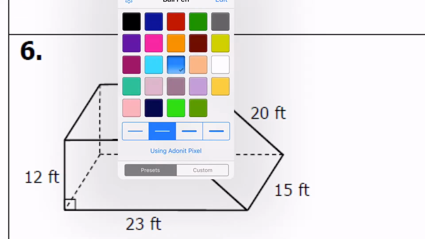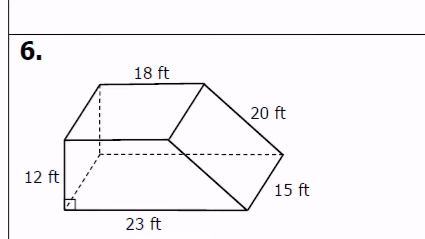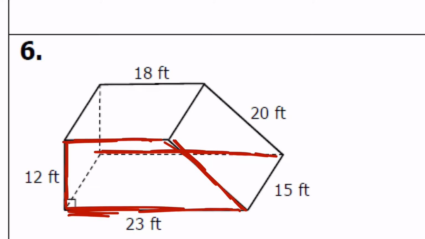Okay, so remember, when I'm dealing with 3-dimensional shapes, my height is the distance between the 2 faces, or the 2 bases. So here's one base. And notice how this is a trapezoidal prism, because I have a trapezoid base here and a trapezoid base here.